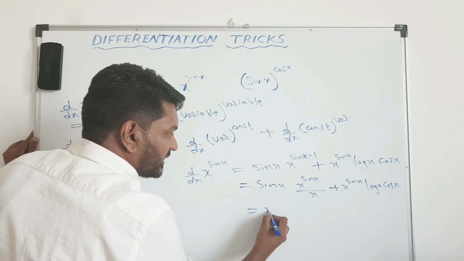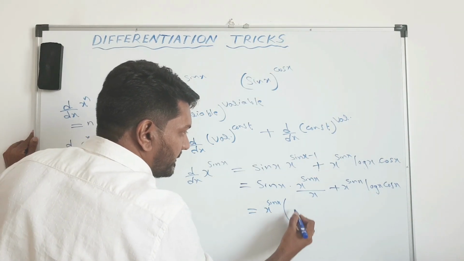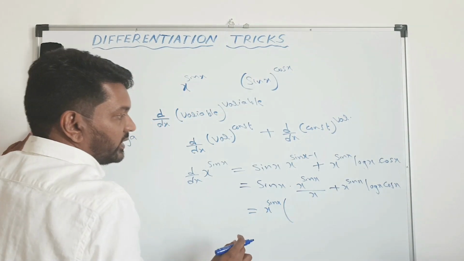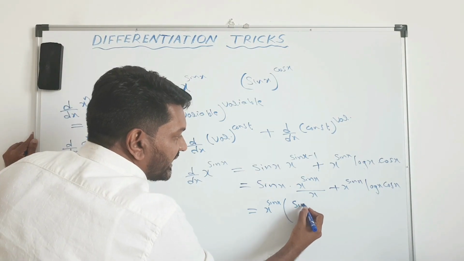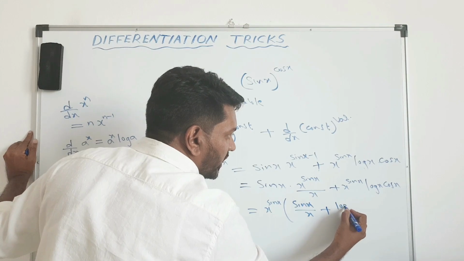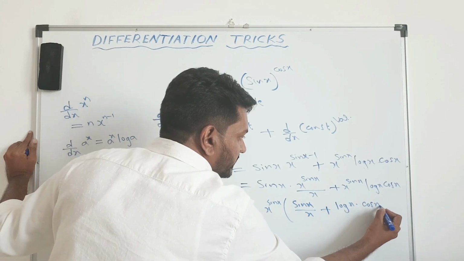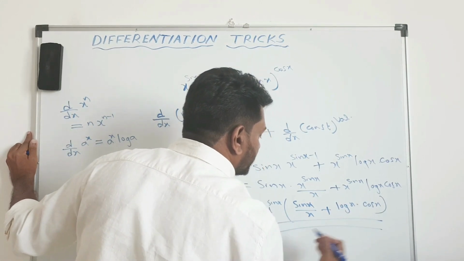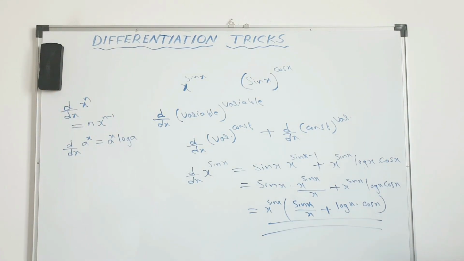You can take x to the power sin x outside. So it will become x to the power sin x into sin x divided by x plus log x into cos x. This is the answer. You got the answer very fast.